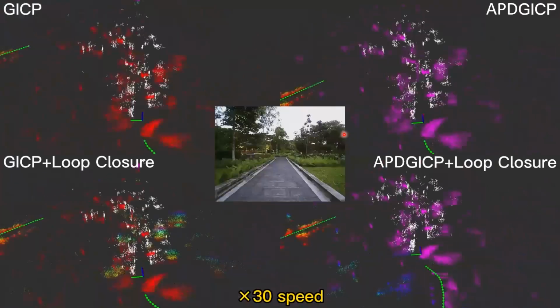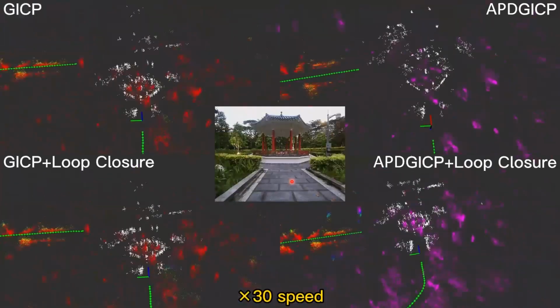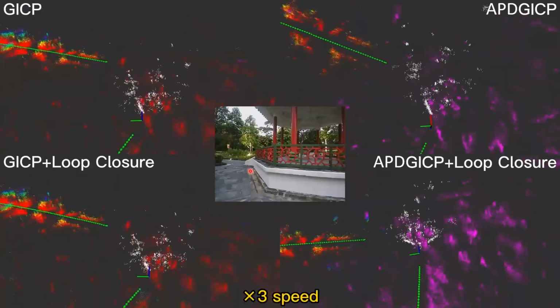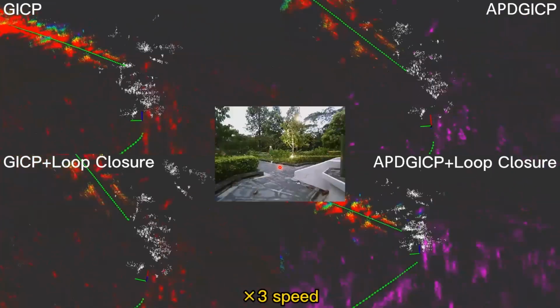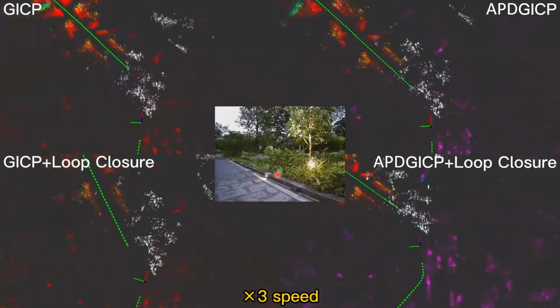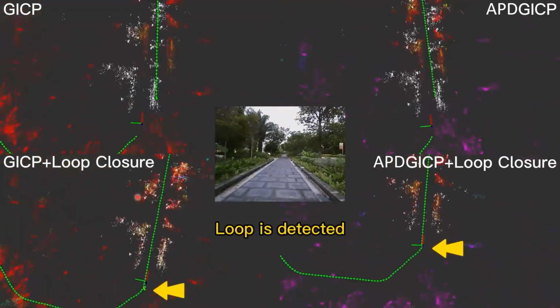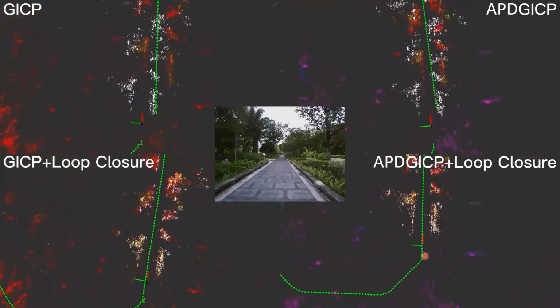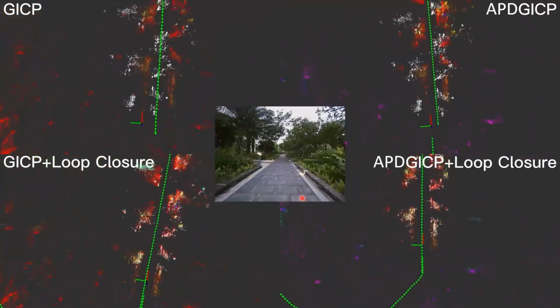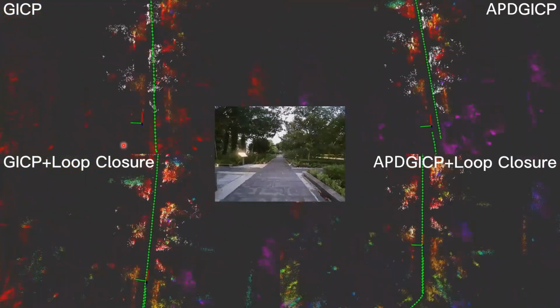We can see in the middle the image of the garden. So this is an unstructured environment because it's full of trees and grass. When the loop returns, the loop closure will be detected and triggered. Then the global trajectory will be optimized.